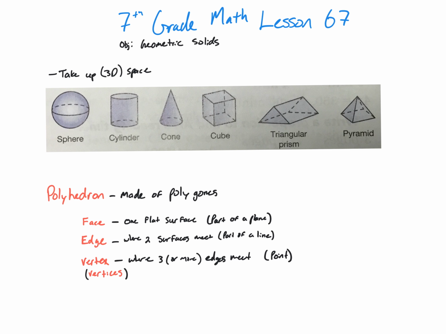Now, inside the geometric solid family, there is a subfamily called polyhedrons. A polyhedron is made up of polygons, meaning the faces of each of your shapes are polygons. Remember, polygons have straight edges, don't overlap, and are closed.